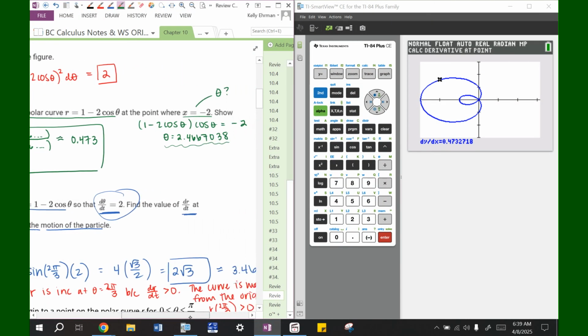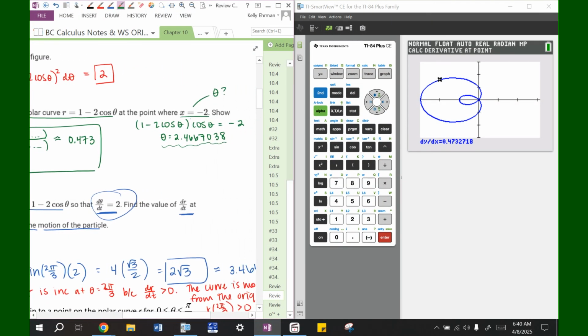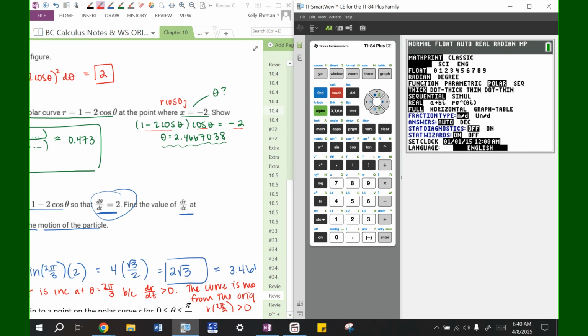To get the theta that I needed, I still needed to know that r times cosine theta is the equation for x. So r times cosine theta, I needed to set that equal to -2. And the only way you can solve that is in your function mode. So you've got to be in function mode to find the intersection of two graphs.